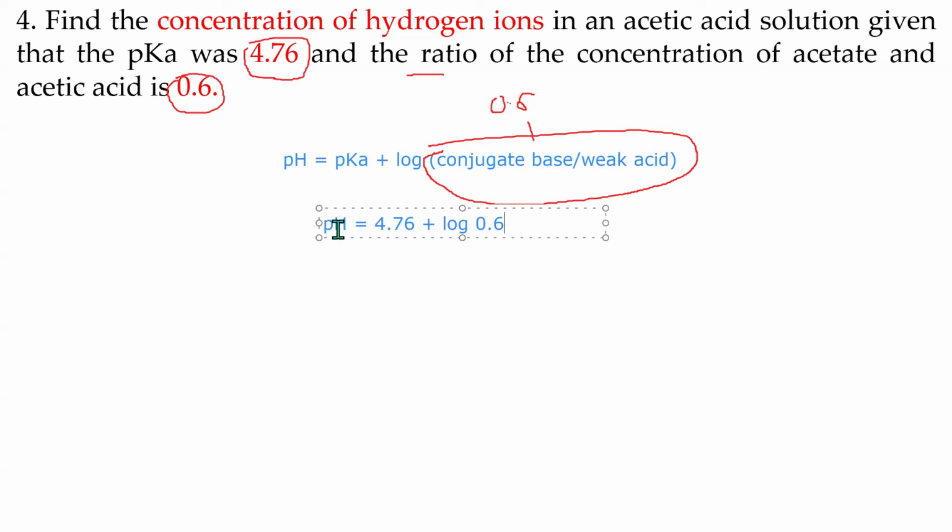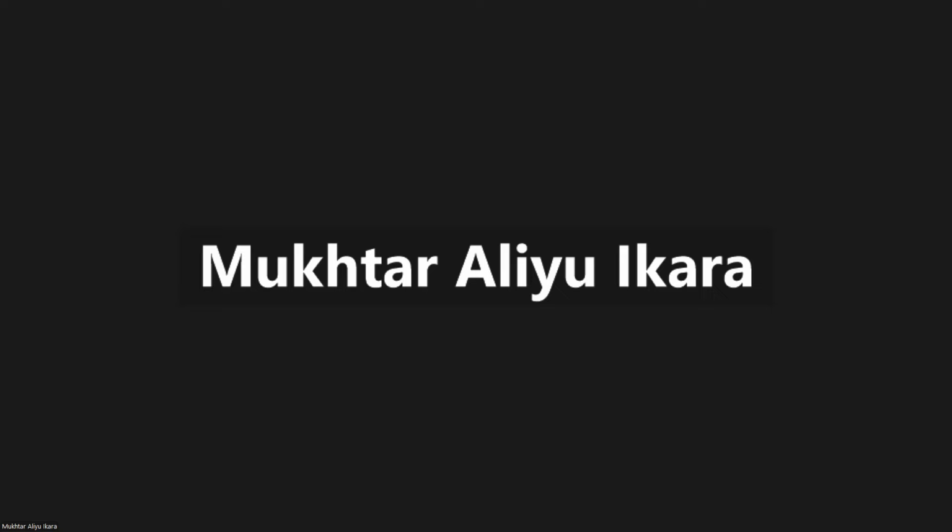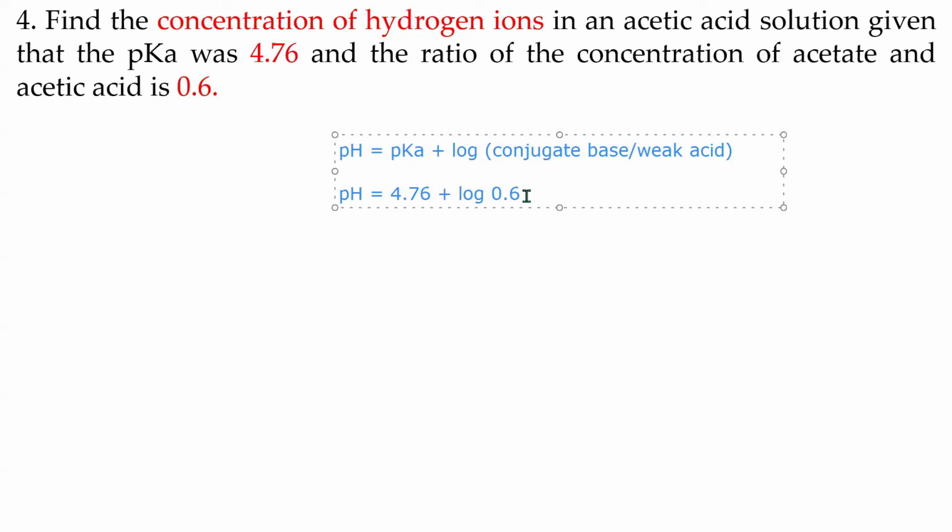Log 0.6 gives us minus 0.2218. So pH is equal to 4.76 minus 0.2218.